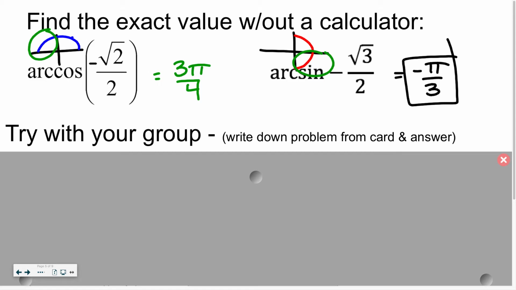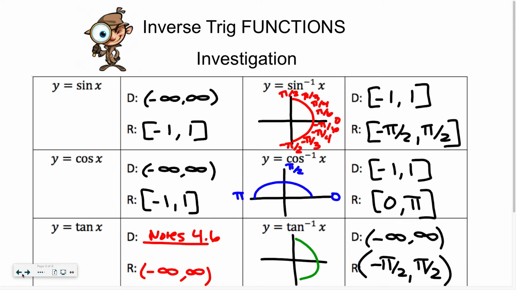I guess I'm still confused about why we can't just say it's 5 pi over 3. Because we all agreed as mathematicians, and really the mathematicians agreed for you, and I told you you would agree to them. We all agreed to give answers in this range. Oh, okay. So because we want it to be a function, and in a function every input has exactly one output.